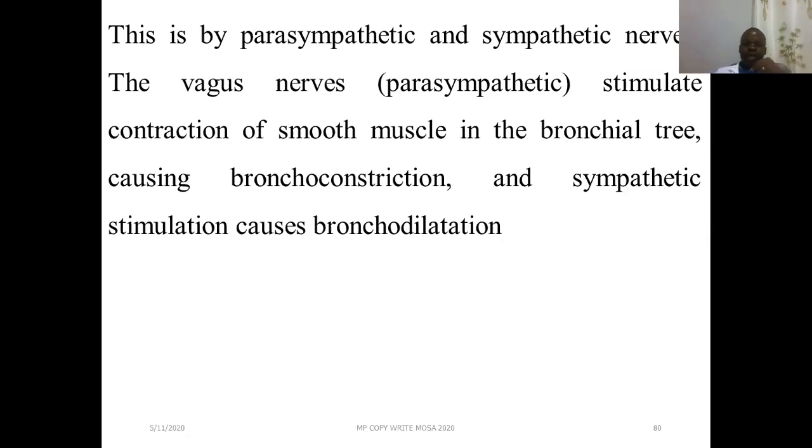So when there is bronchoconstriction, there is narrowing of the bronchioles. Again, when there is bronchial dilatation, the bronchioles or airway passages dilate. Bronchoconstriction is one of the special signs and symptoms which a patient normally has when they have bronchitis, where the bronchioles undergo constriction.